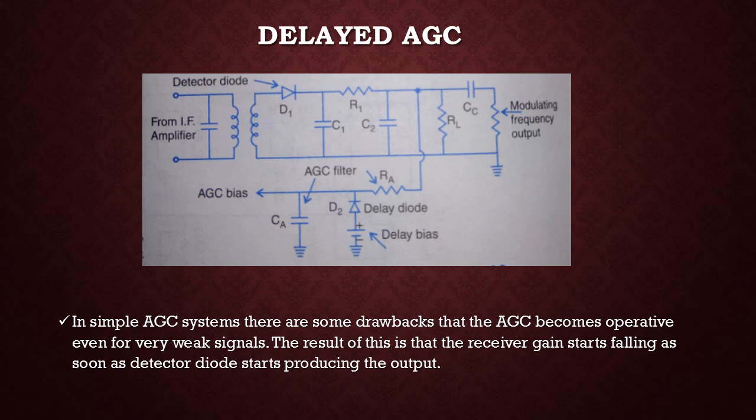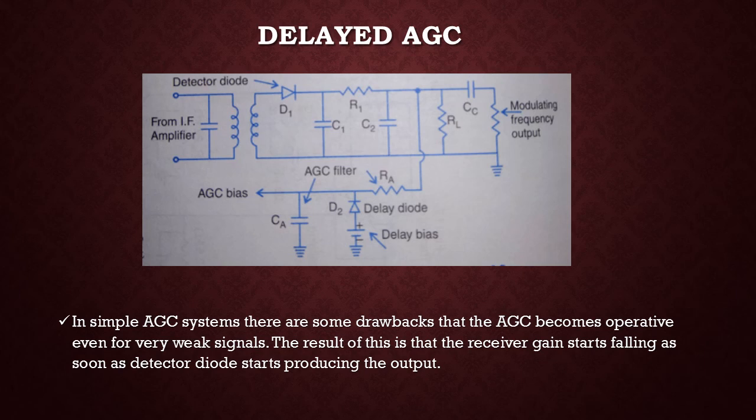On the other hand, an ideal AGC system must remain inoperative until the input carrier voltage reaches a reasonably large predetermined voltage. So, if a delay is produced in AGC operation, then it serves some purpose. What? That is shown in an arrangement to produce delay in AGC operation.